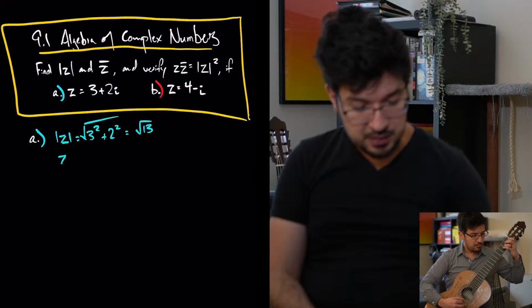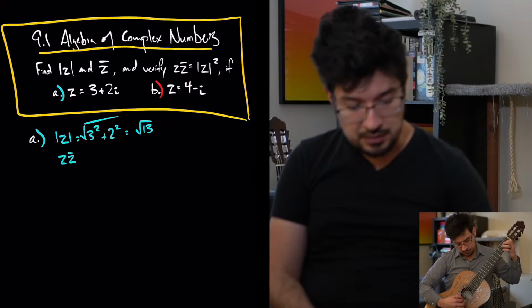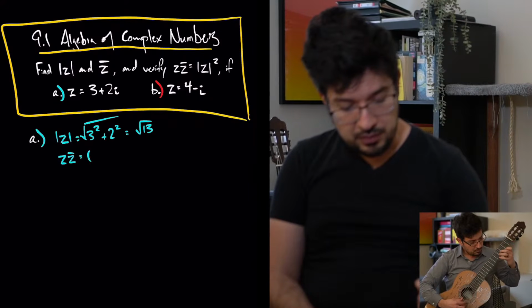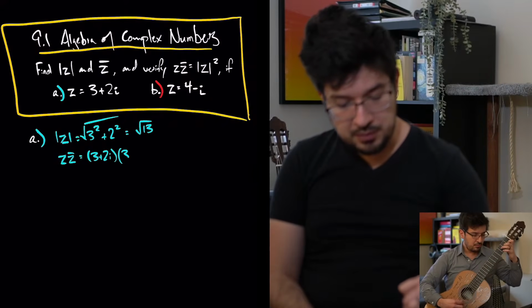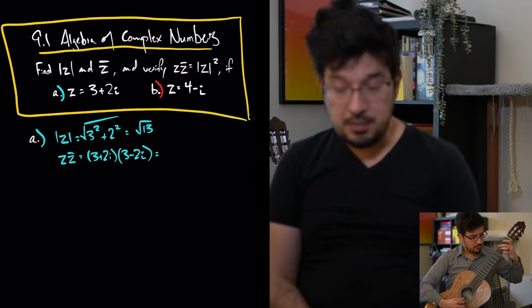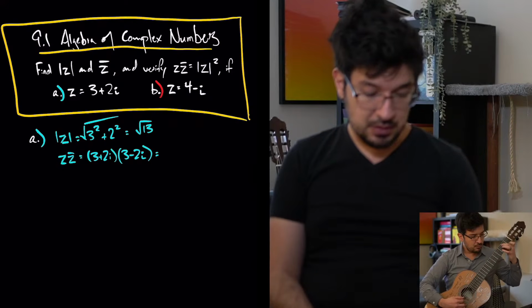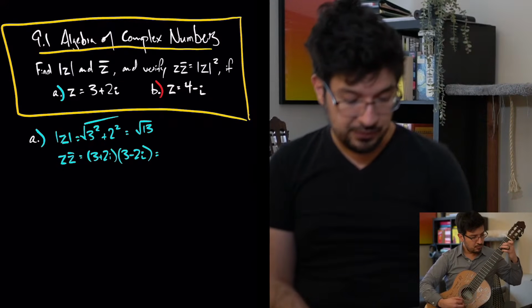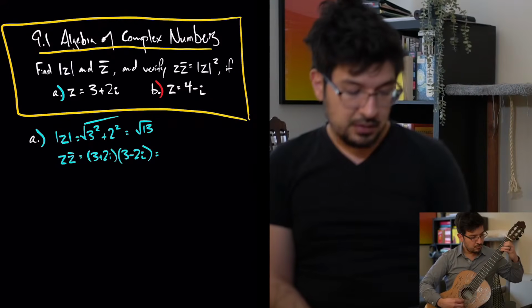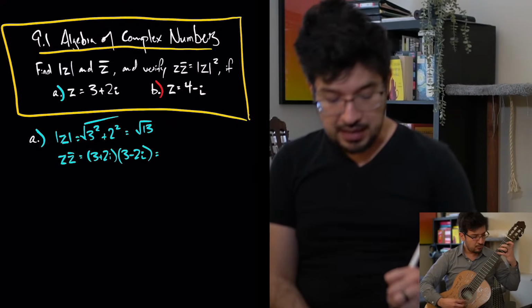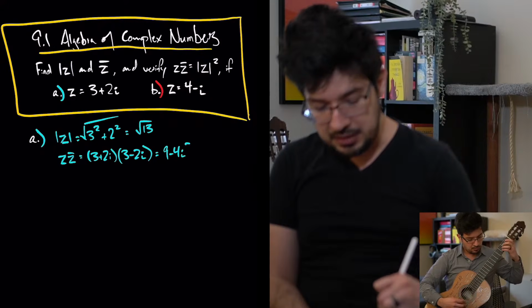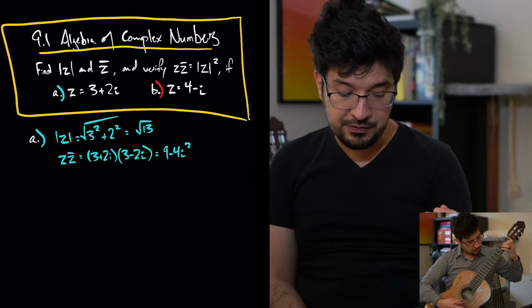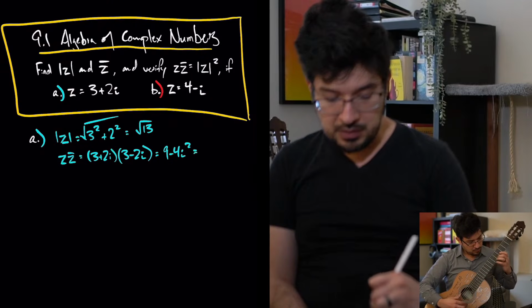z times z conjugate is 3 plus 2i times 3 minus 2i. And so this is going to be 9 minus 4i squared, which is 9 plus 4, which is 13.